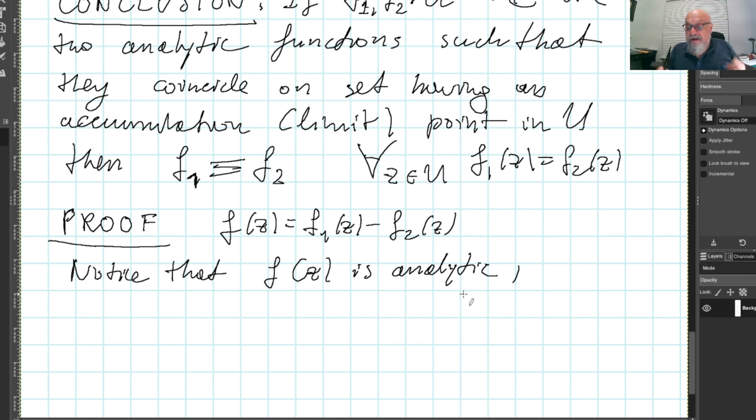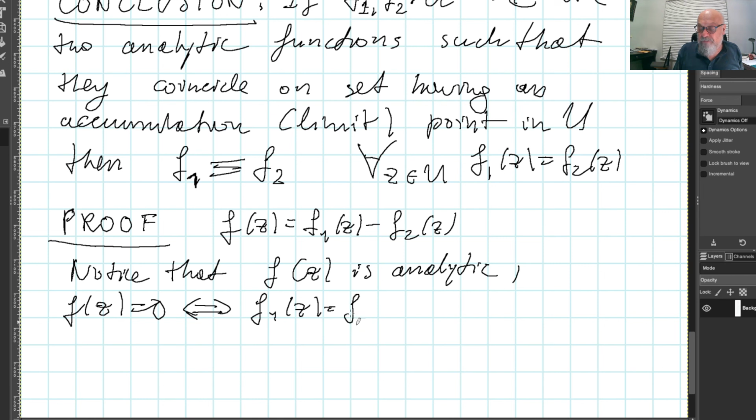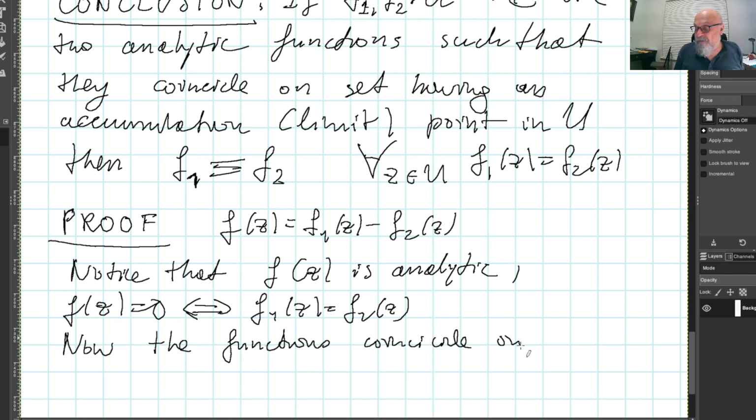And then f of z is equal to 0 if and only if f1 of z is equal to f2 of z. So now, the functions coincide on a set with a limit point.